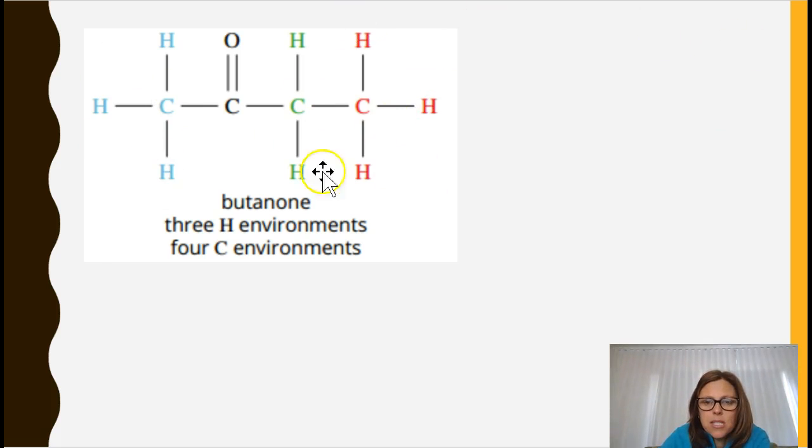If I look at this C here, it is attached to the 3 hydrogens, similar to the other side, but instead it's attached to a CH2 group. So it will give a different environment again. And then I have this carbonyl group here. It's attached to a CH2 on this side and a CH3 on this side. So we have lots of different chemical environments there. And on that carbon NMR, I would see 4 separate peaks.